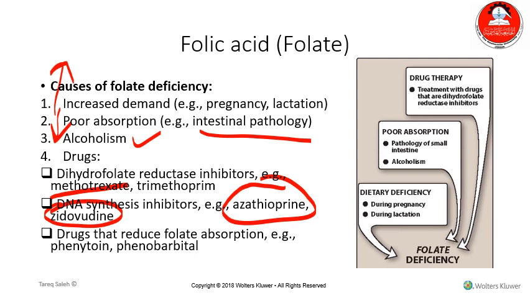Lastly, there are a set of drugs that will interfere or prevent the absorption of folic acid that is consumed in the diet from the gastrointestinal tract, and this includes the anti-epileptic drug phenytoin and the barbiturate phenobarbital. So from this slide, several different causes can result in folic acid deficiency and consequently in folic acid deficiency associated anemia.